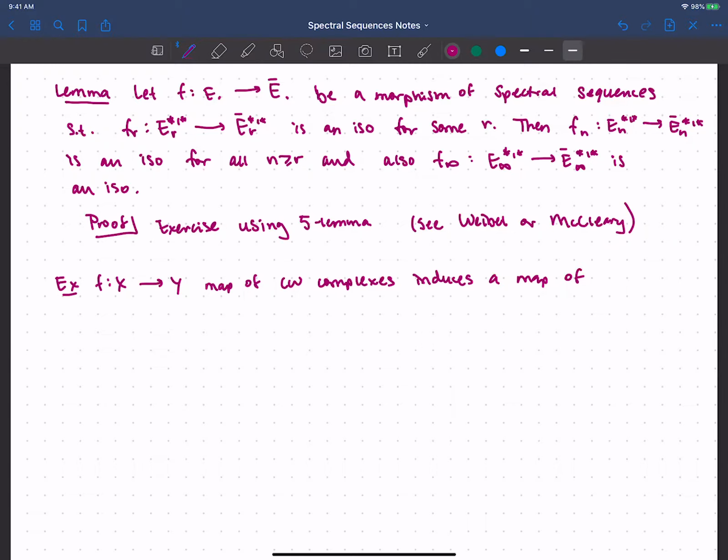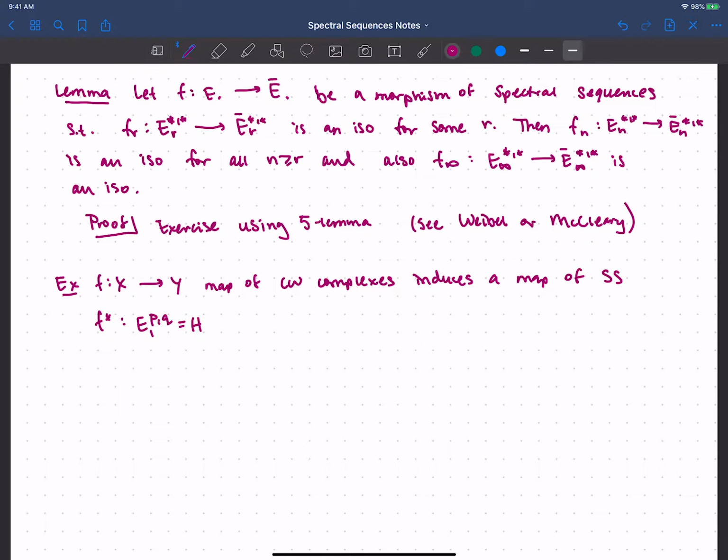Say they come with some filtrations. This induces a map of spectral sequences. And of course it's going to go the other way because it goes the other way on cohomology, if we're talking about the cohomological spectral sequence.